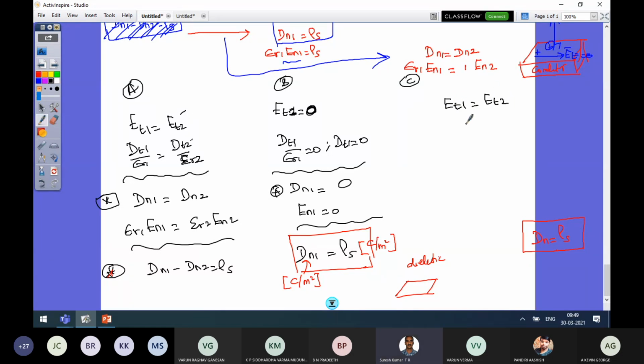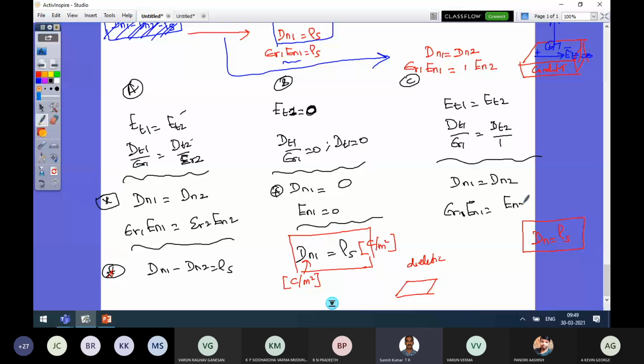Et1 equal to Et2. So Dt1 by epsilon r1 equal to Dt2 by, this denominator is 1. That's all. Same here, Dn1 equal to Dn2. So epsilon r1 into En1 equal to epsilon r2, that is, the relative permittivity of air is 1.